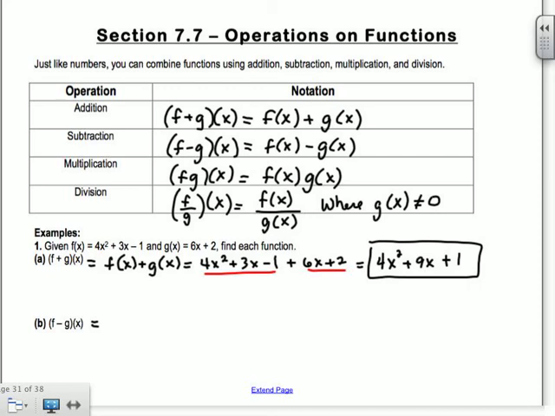So I have f minus g of x, so I have f of x minus g of x. So you have your 4x squared plus 3x minus 1 minus the second polynomial, 6x plus 2. So I wrote the second one in parentheses, so I know I'm subtracting out the entire thing. You could write the first one in parentheses too, it doesn't matter.